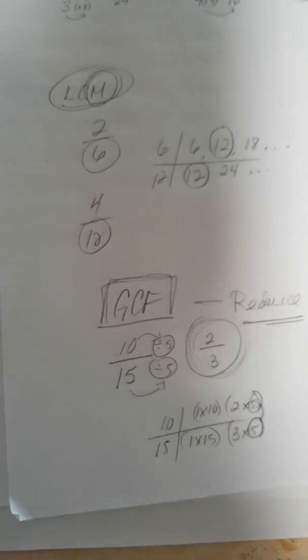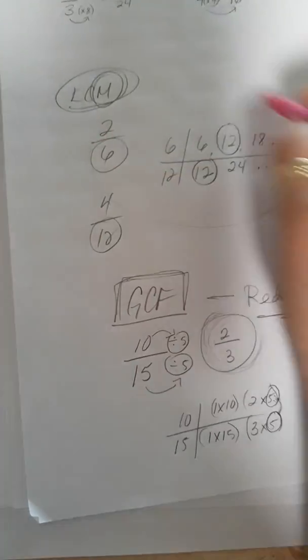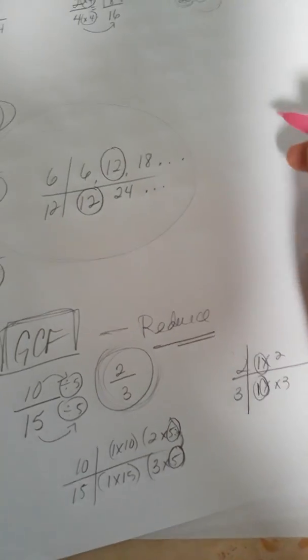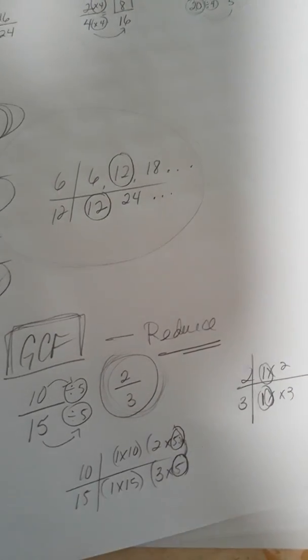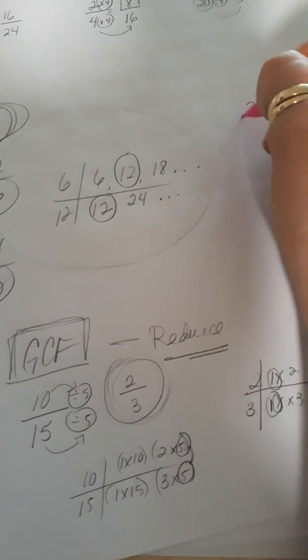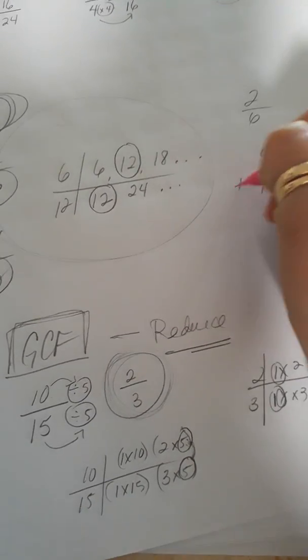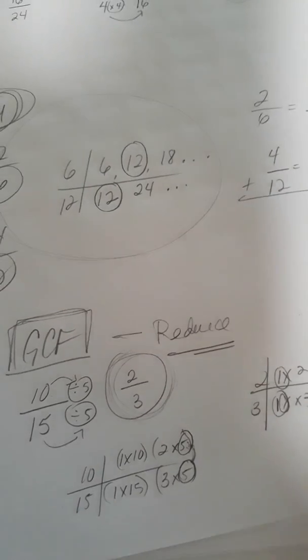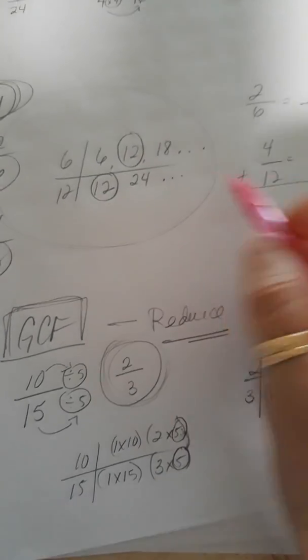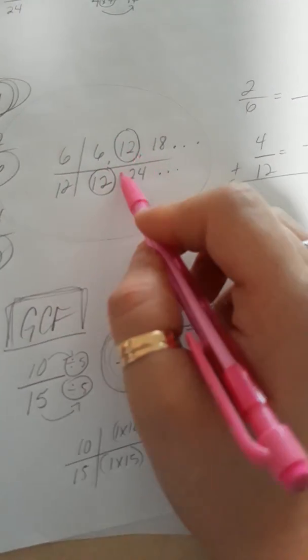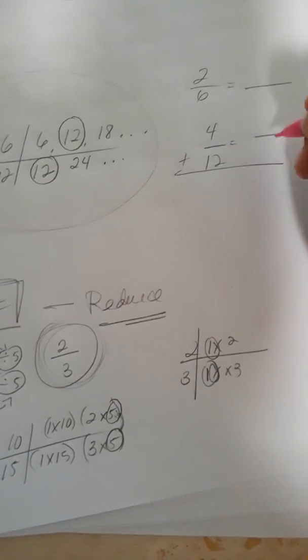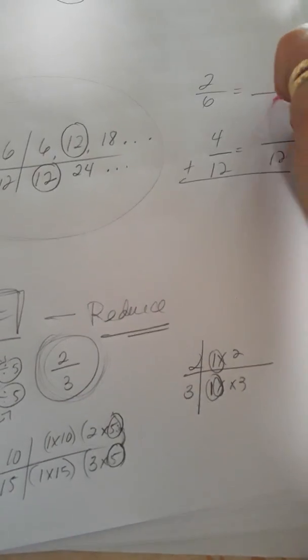The least common multiple is used when you're going to add or subtract fractions with uncommon denominators. 2 over 6, 4 over 12, and I have an addition. There, I would have to find the least common multiple, which is 12. I'm going to make it my new denominator.